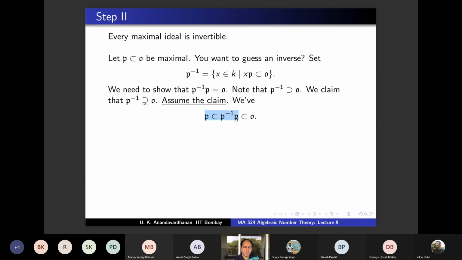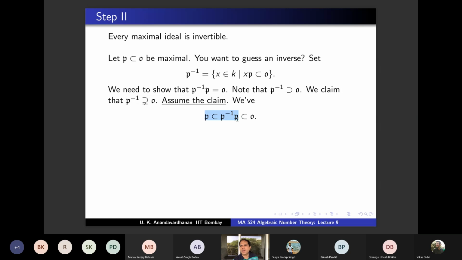Okay, so what does that mean about X? You've got a finitely generated module M such that XM is contained in M. M is an O module. So what does that say about X? X is, right?